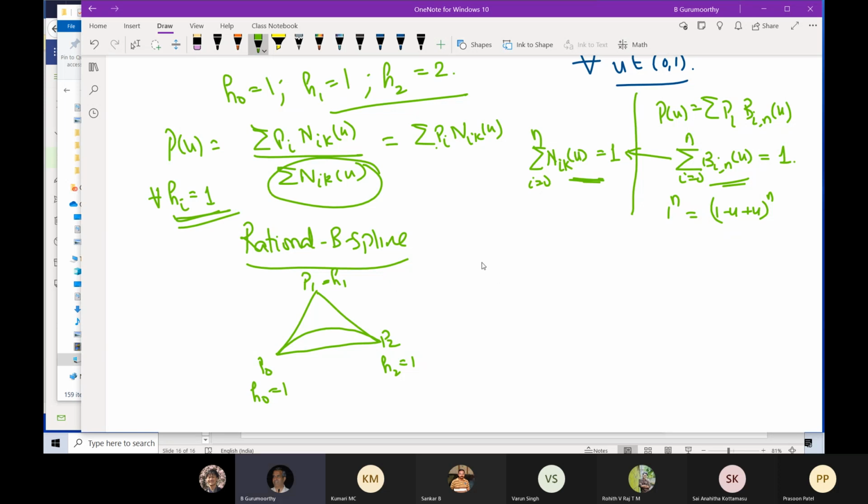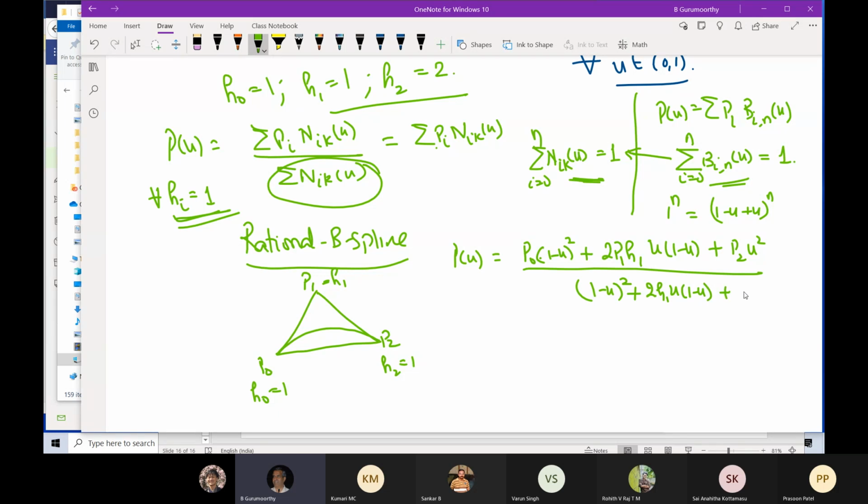So I go back again to my expression of the spline that we have been seeing, the quadratic spline, actually Bezier, and I rewrite this as P0, and h0 is 1, therefore this is just (1 minus u) whole squared, plus 2 P1 h1 u (1 minus u), plus P2, and h2 is 1 again, u squared, divided by, at the bottom, (1 minus u) whole squared plus 2 h1 u (1 minus u) plus u squared.